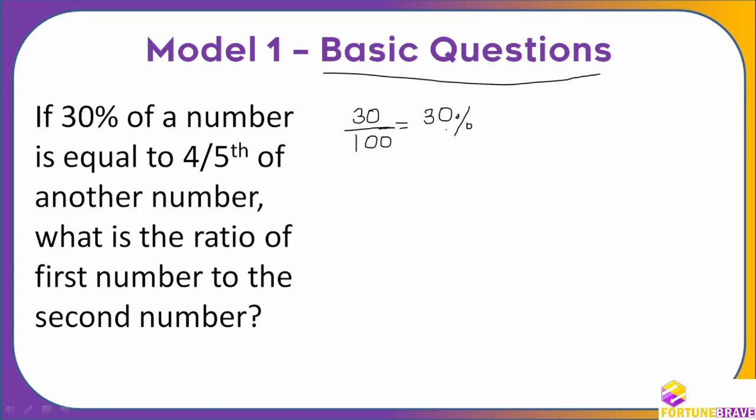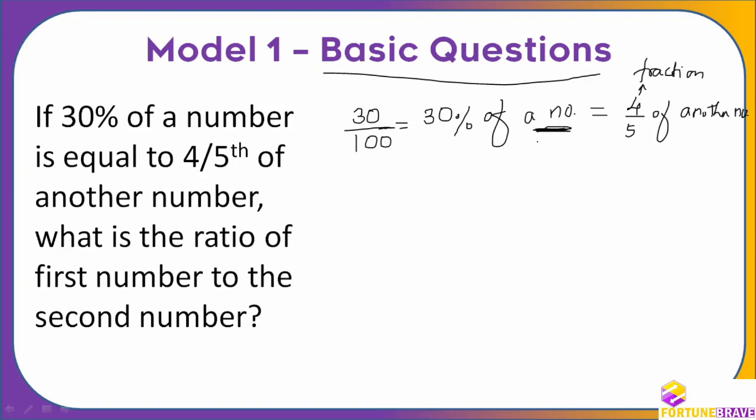So now, 30% of a number is equal to 4/5. This is again a fraction, try to understand, of another number. Now we have to take help of x and y.